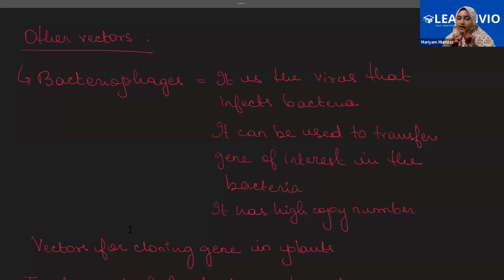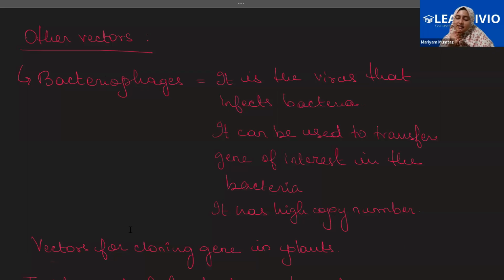Once a bacteriophage infects the bacterial cell, it divides so quickly, into thousands and thousands of numbers. That property, due to which it can divide multiple folds, is called the copy number. So bacteriophages have a high copy number.